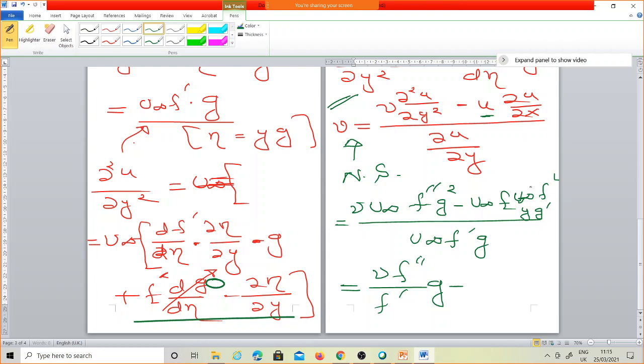There's another u infinity, right? One u infinity, two u infinity. So one will be cut down, one will remain. So u infinity, and then we have f, we have y, and then we have g prime by g. Is it clear till now? So this should be v. Is it okay?